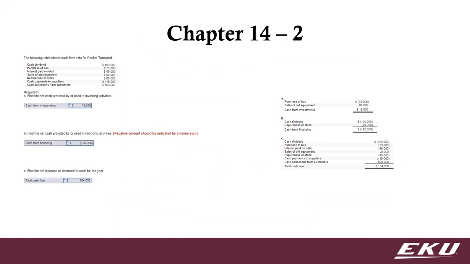And again, this is just to make sure you're understanding the directionality of these types of cash flows so that you can better understand what's going on in this corporation.